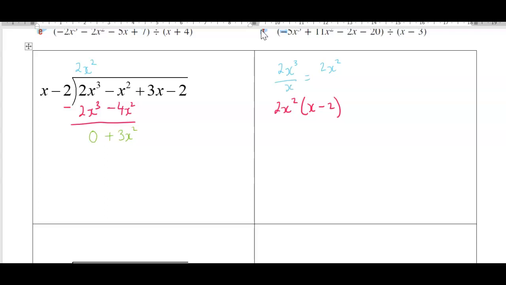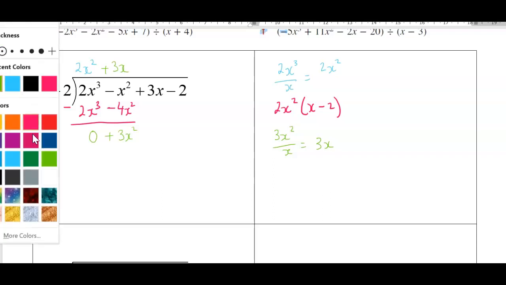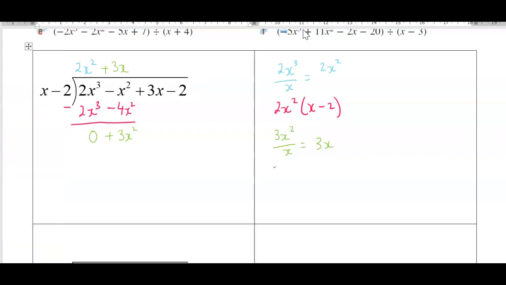So 3x, I'll do this over here. So 3x squared divided by x gives me 3x. So I'm going to put plus 3x up here. And then multiplying through again. So let's do that in purple. Okay, so we're going to have 3x times x minus 2, just like we did before with the pink.